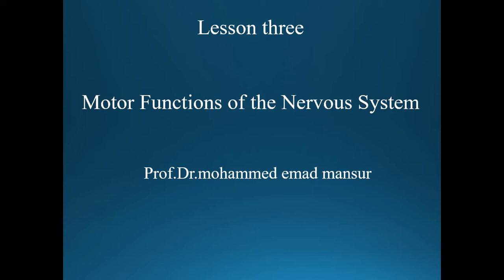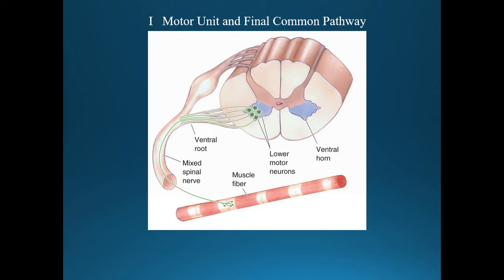When we talk about the motor function, the unit has a common pathway, as discussed in the previous lesson. The motor units are the same as the sensory function or the sensory unit, but with some differences.